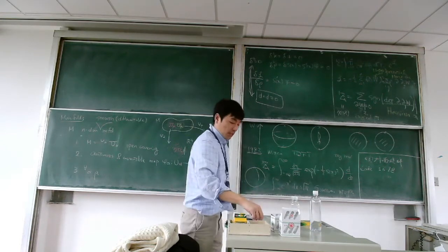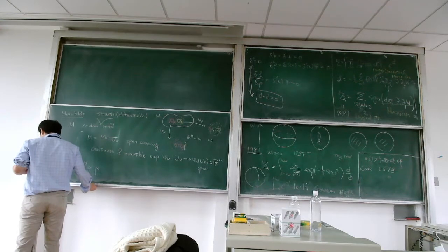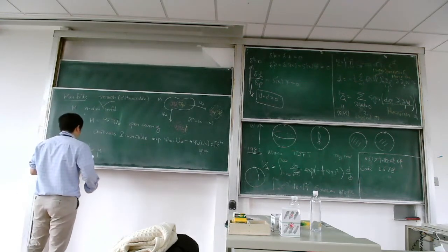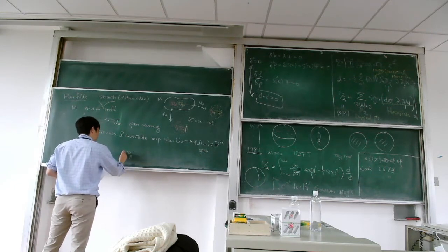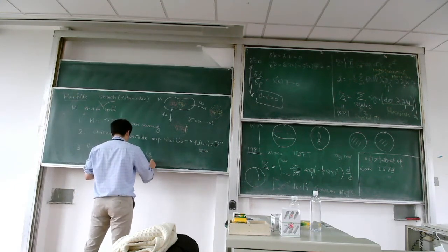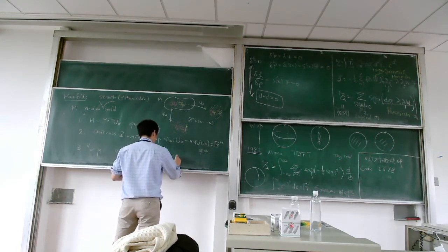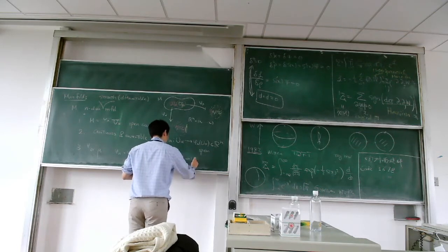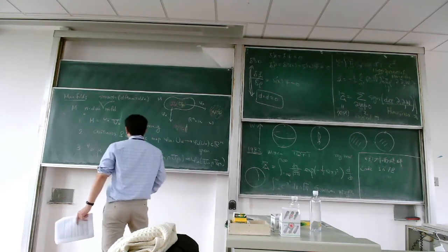So that's the third condition. For the third, what you have is that phi beta inverse phi alpha is smooth.